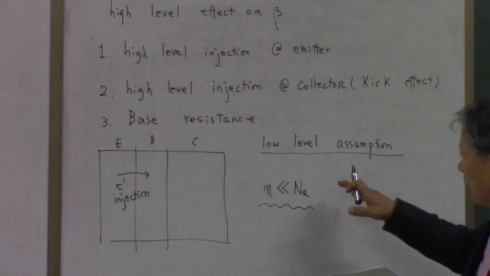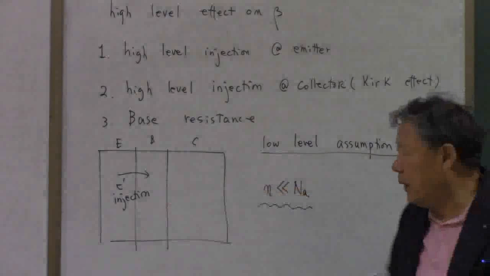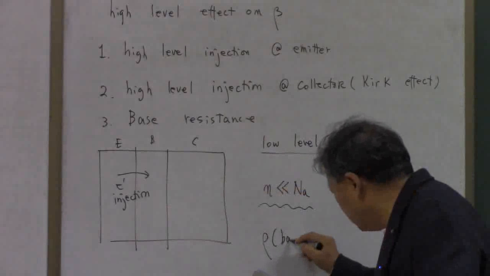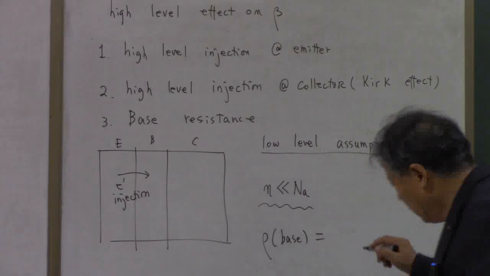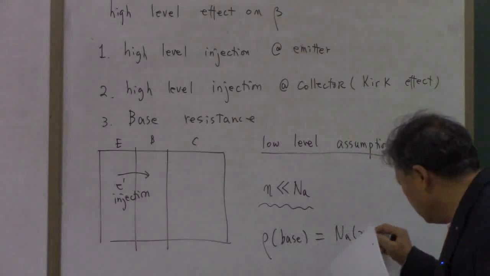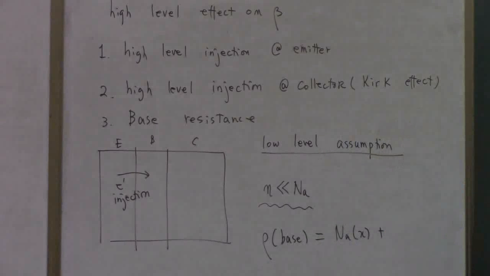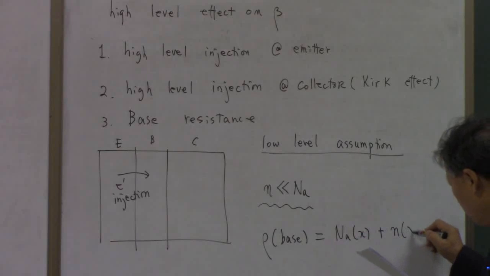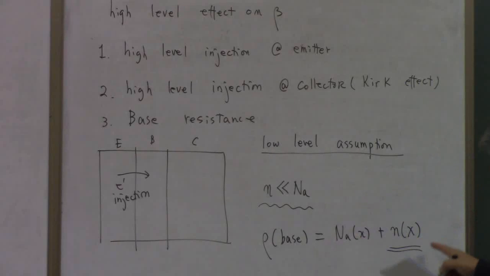But if you have a high level injection into the base, then the base charge is not only the space charge region, the dopant concentration, but also this injected electron takes a significant portion of the total charge, like this.